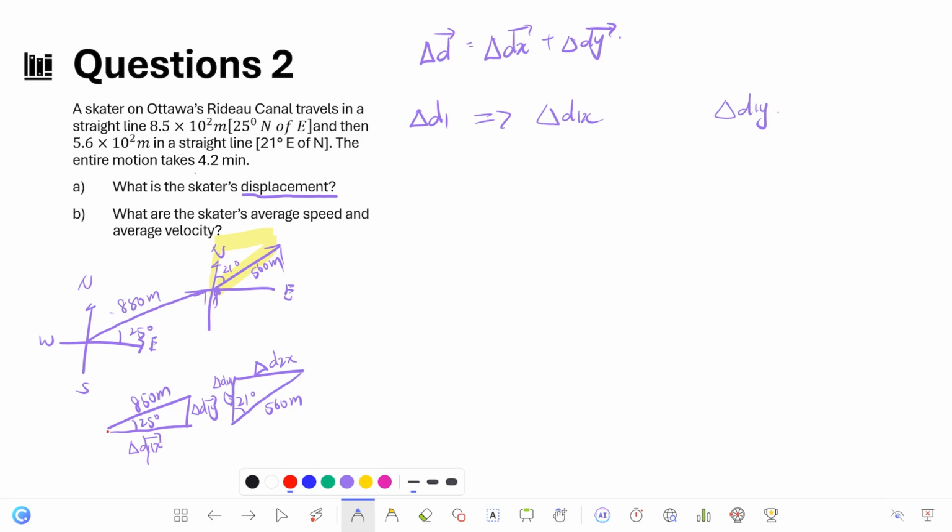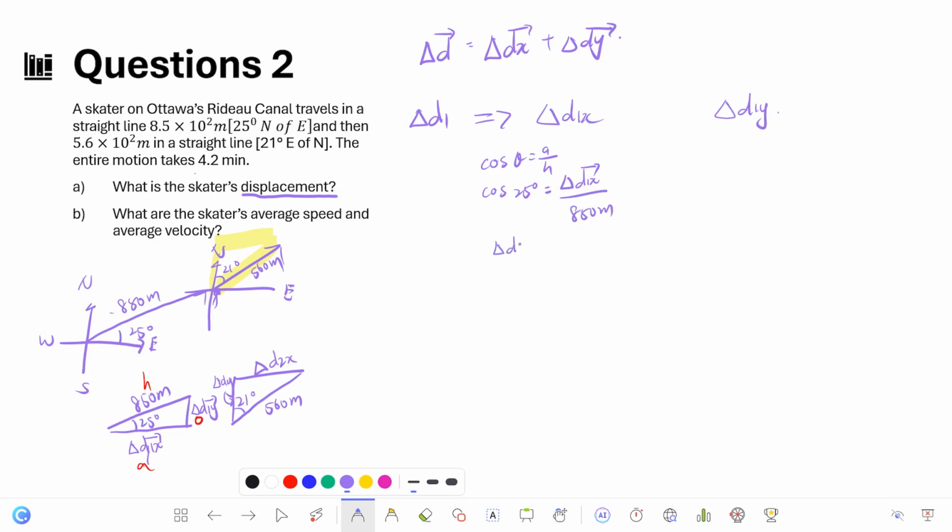We know this is a triangle, and we can find d1x by using a trigonometric function. In order to find d1x, we have the information of A and H, adjacent and hypotenuse, so we should use cos. Cos theta is equal to A divided by H. The angle in this case is 25 degrees, and A is what we want to find, delta d1x, divided by the hypotenuse, 850 meters.